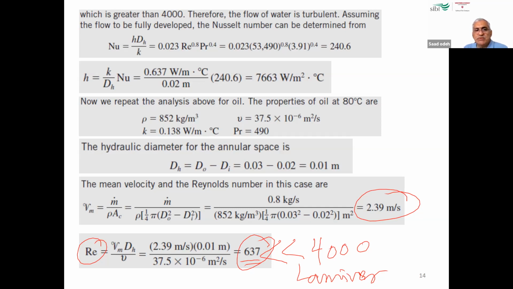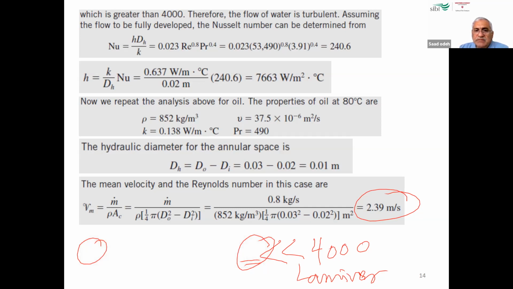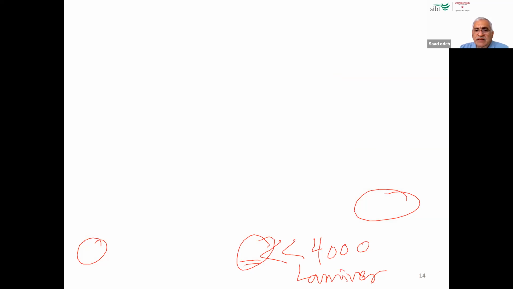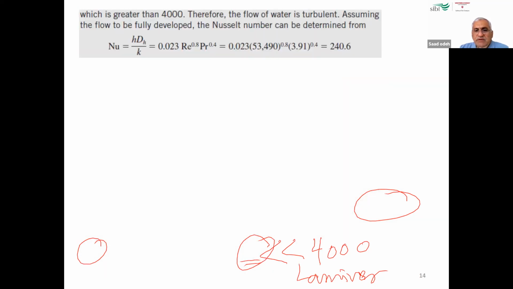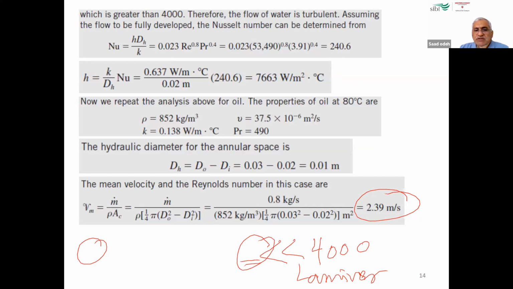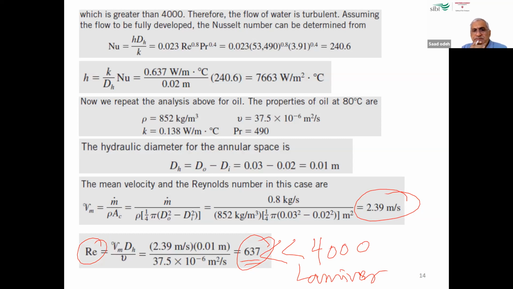If you compare the speed between the oil and the water, if you go back here, you can see the viscosity of water is much lower than the viscosity of the oil. And therefore, this will affect the Re. So you can see the Reynolds number is very small, 637, right? So checking this value against the limit, we find that it's laminar flow.